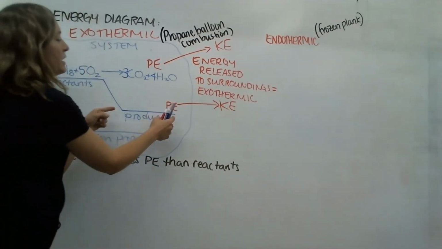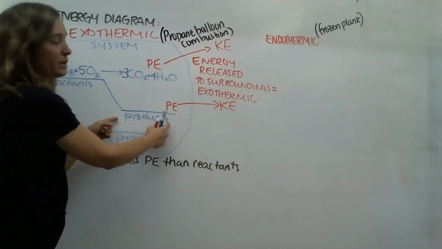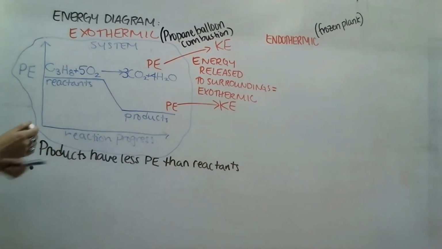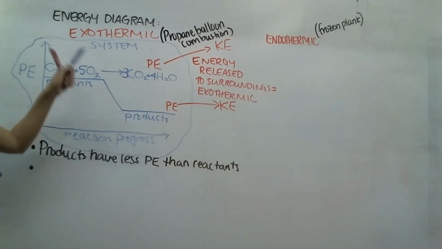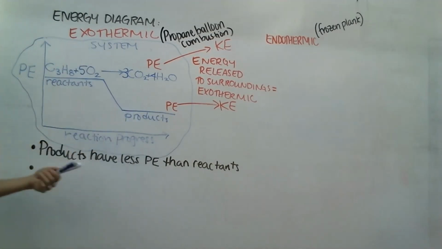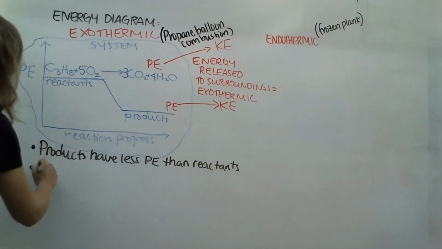So that means lower energy is more stable. So the products of an exothermic reaction, since they are lower in potential energy, are more stable.